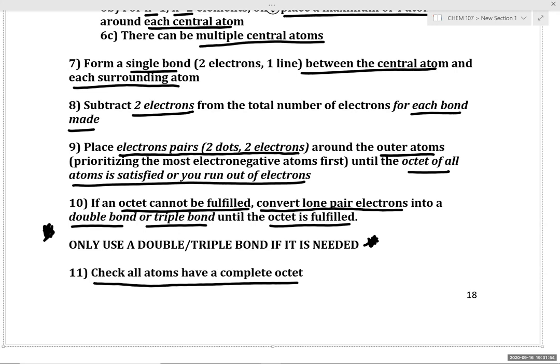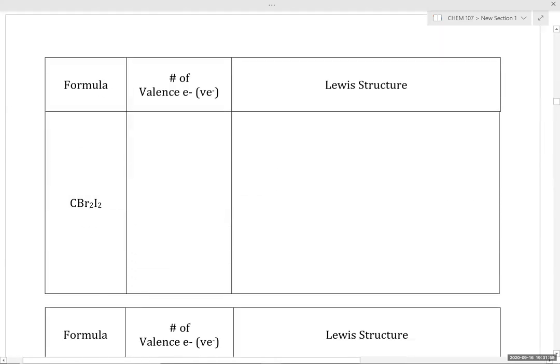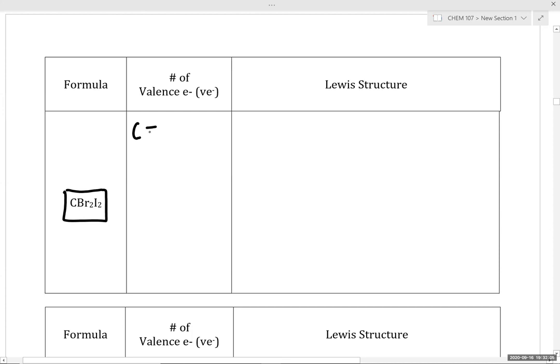Okay, now this may seem like a lot of steps, but let's show how this works in practice. Let's look at the following example, CBr2I2. For carbon, which is a 4A element, how many valence electrons does carbon have? 4. Already you're using a skill from earlier on. Bromine, which is a 7A element, has how many valence electrons? 7.